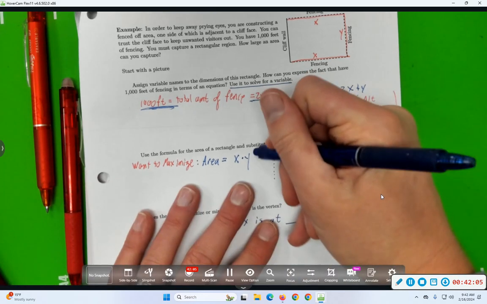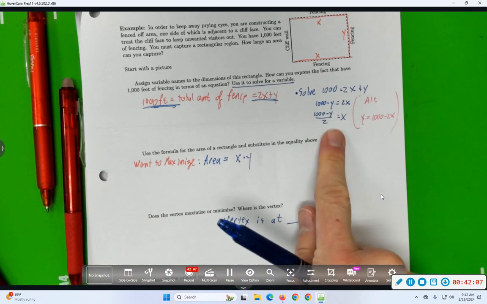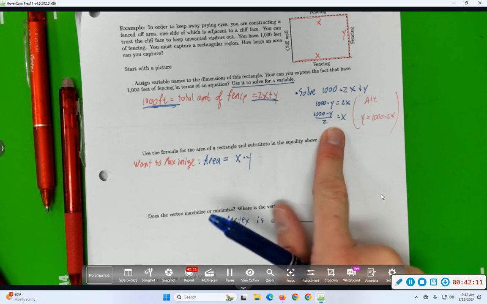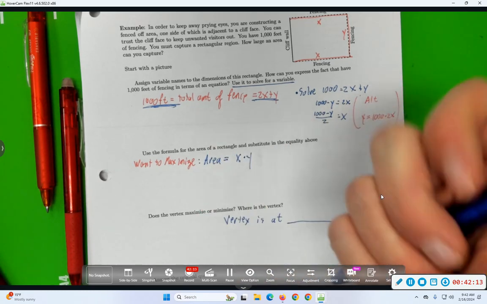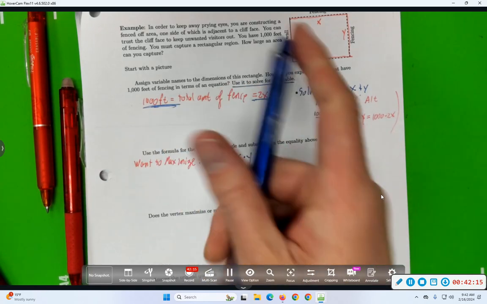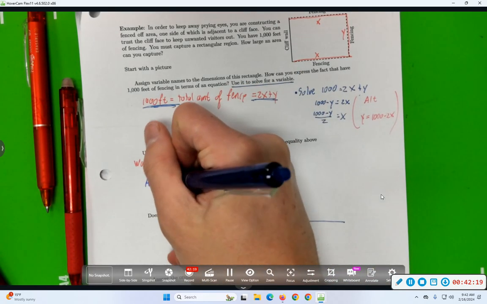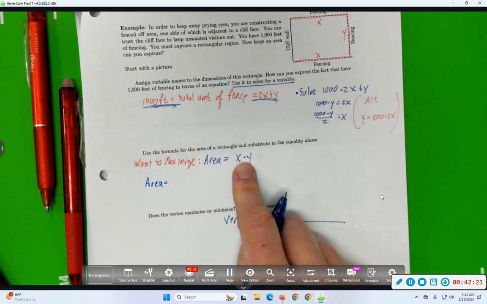So let's use that. So I have a formula for x in terms of y. So let's use that to get a formula for the area. So the area is x times y.